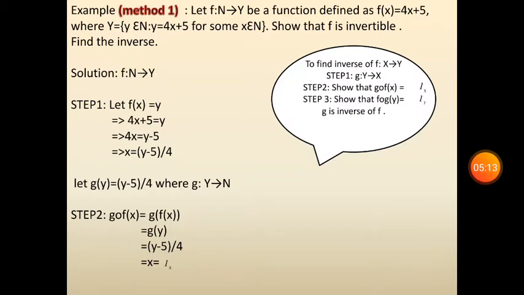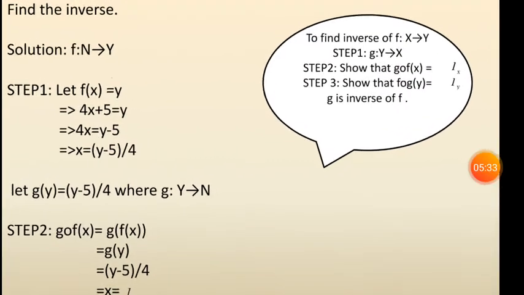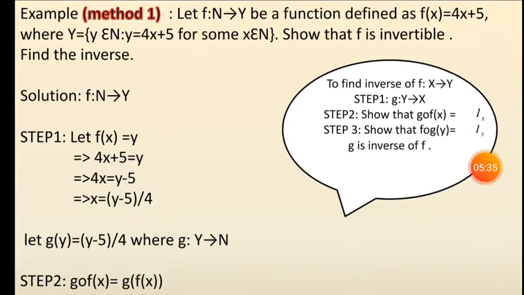There are two methods to do that: the first method as well as the second method. The first method is totally dependent on the definition of invertible function. So what is the question? First of all, just pay attention to the question and note it down in your copy. f is a function from N to Y, defined as f(x) = 4x + 5.